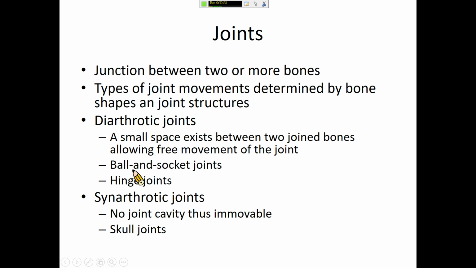Okay, and the second type of joint is a synarthrotic joint. Usually there is no, not usually, always no joint cavity, no joint space within. Therefore, immovable, such as the skull. If you look at the skull, you can see the suture.